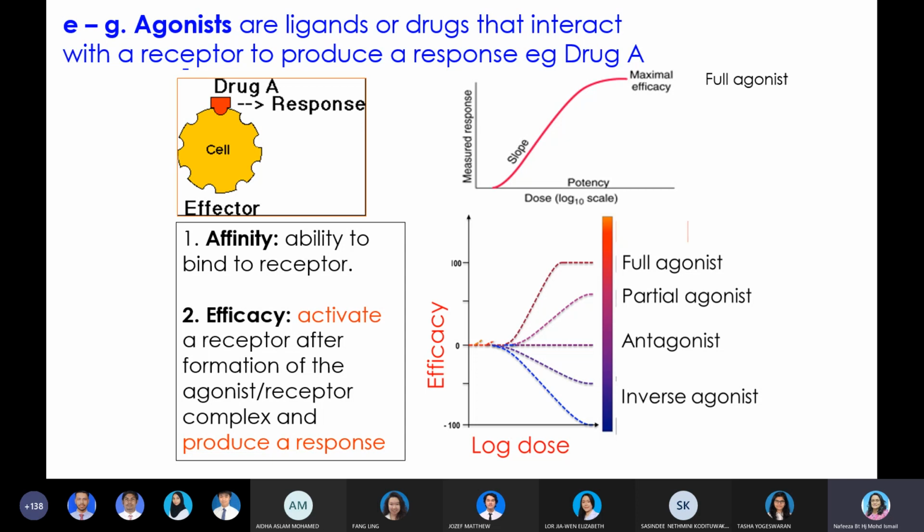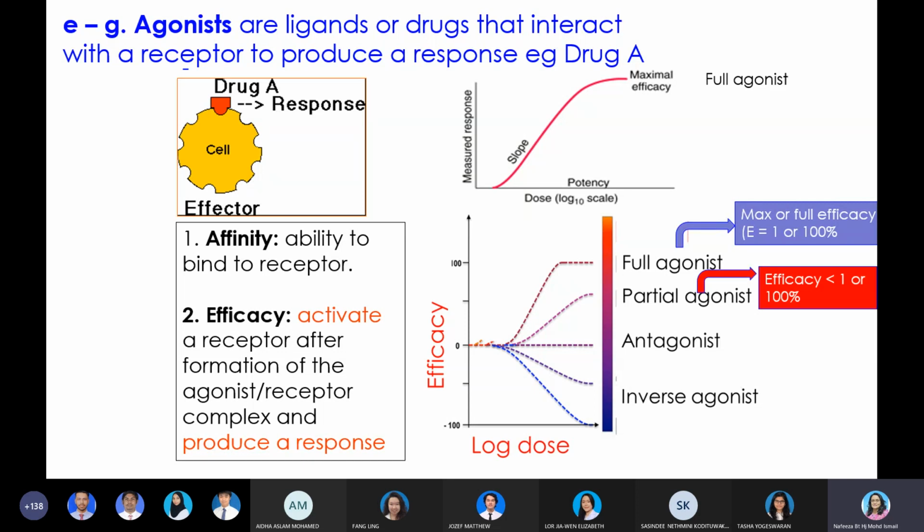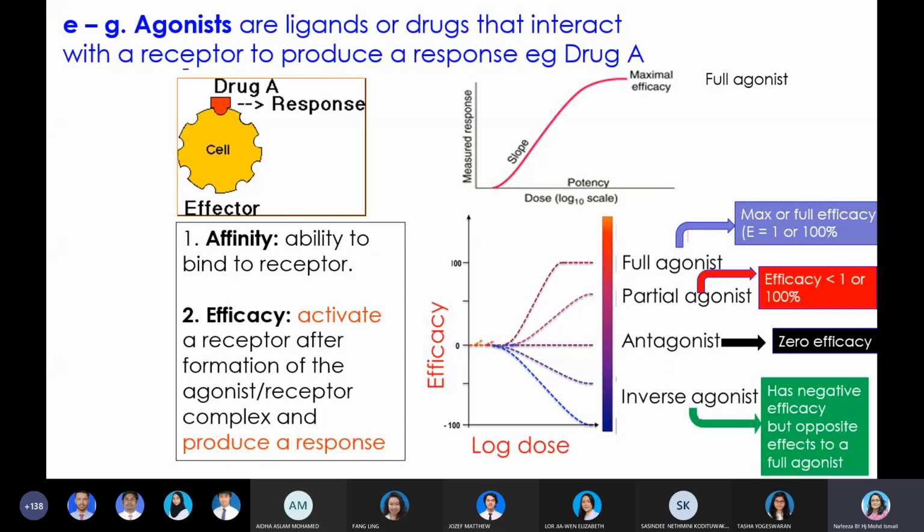So I said that the maximum or full efficacy is known as efficacy equals 1 or 100%. Efficacy less than 1 or less than 100% is partial, zero efficacy for antagonist, and negative efficacy for inverse agonist.